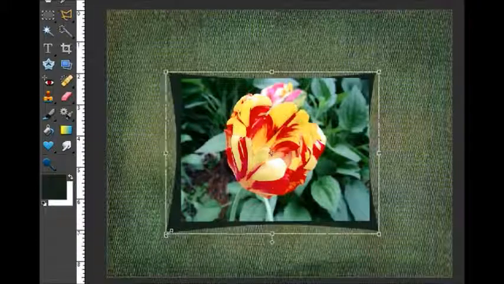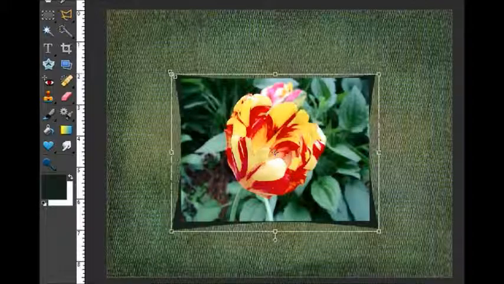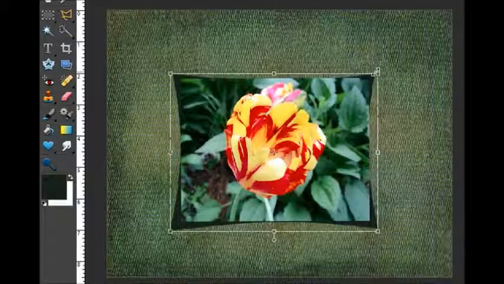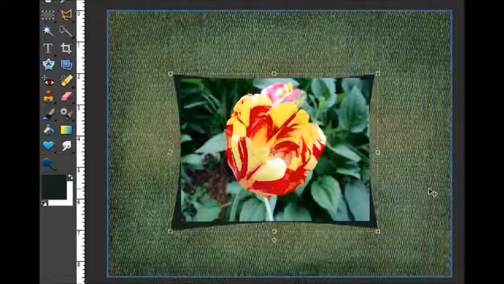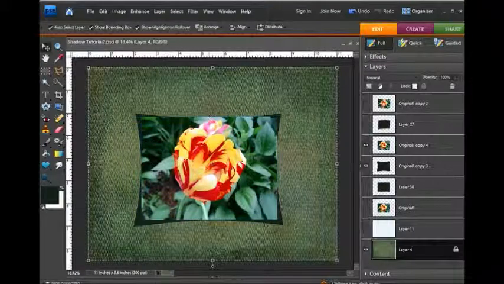You want it to be so that it comes out about the same here and about the same here and about the same there, and then you can click OK. And so it's only coming out on the corners and not here in the middle of each of the edges.